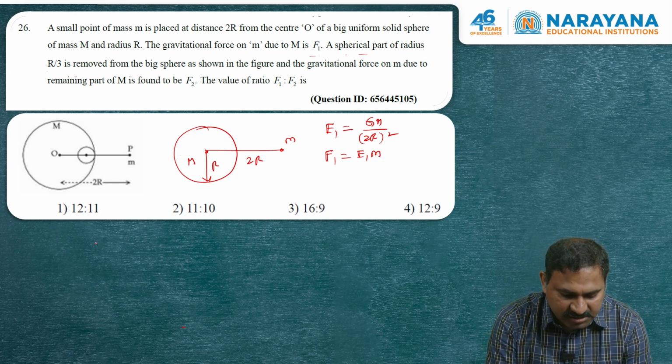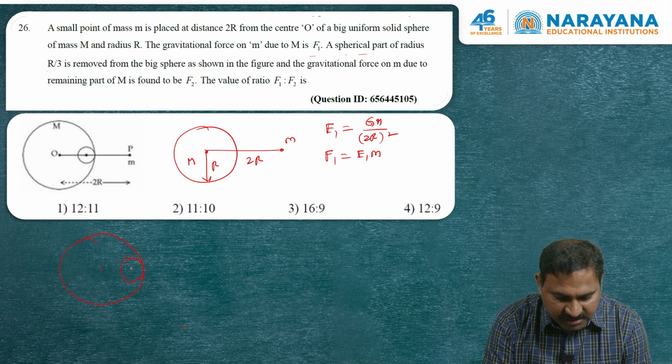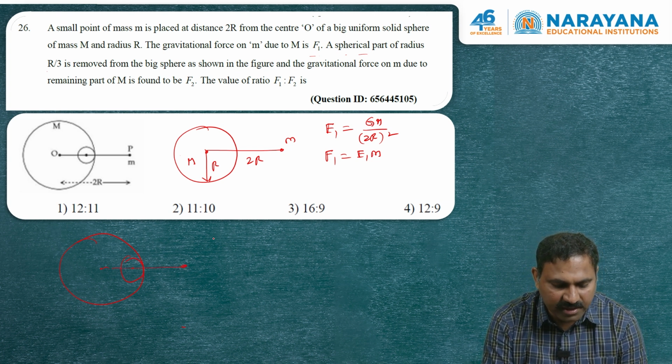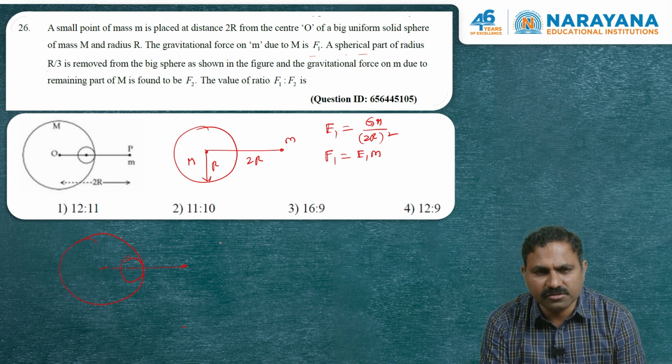Now when some part is removed from the sphere, the field at the same point due to the remaining sphere is the vector sum of the field produced by the original sphere and the field produced by the removed part.